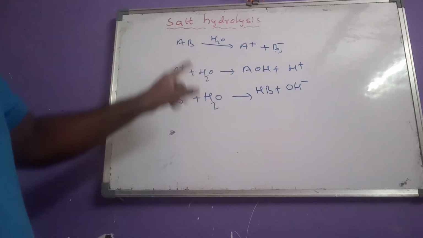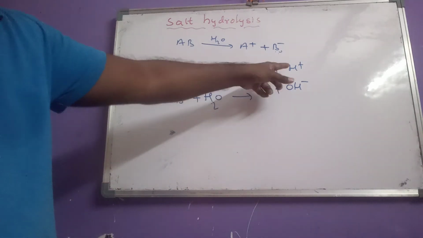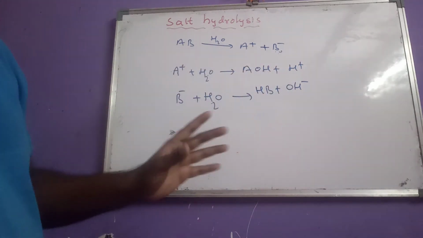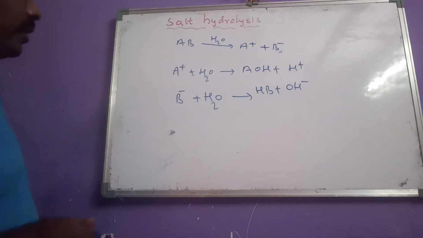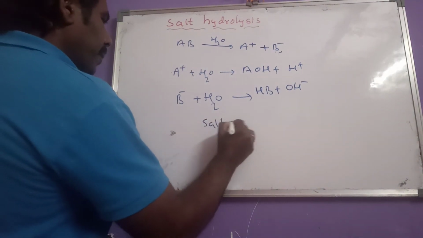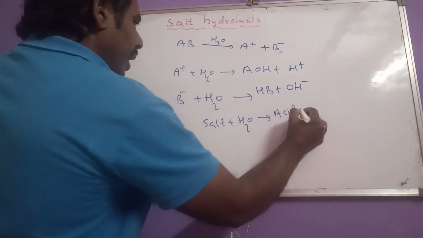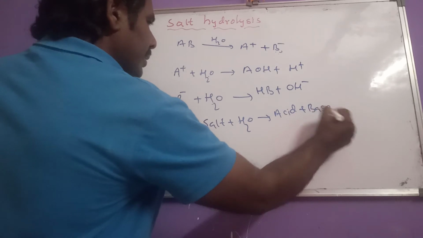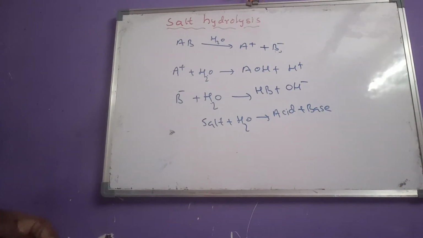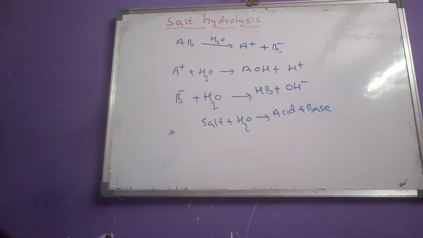So now if a salt undergoes hydrolysis that produces acid and base, we can write that reaction like this: salt plus water gives acid plus base. So this appears as the reverse of neutralization.